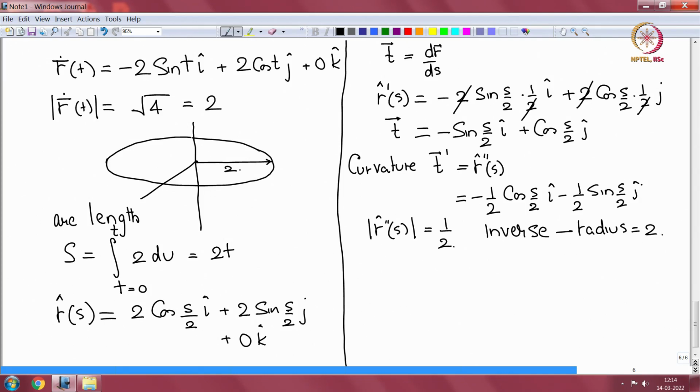Now let us just see that s equal to 0 is over here, and this is a quarter of the circle. So what is the arc length?